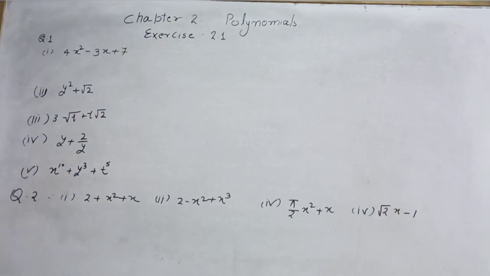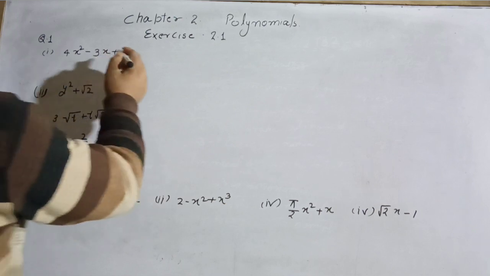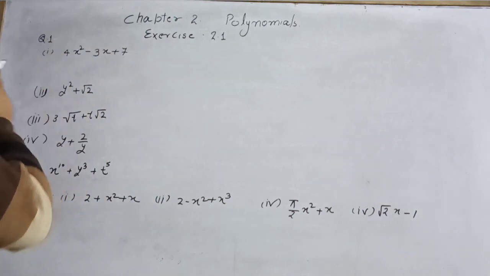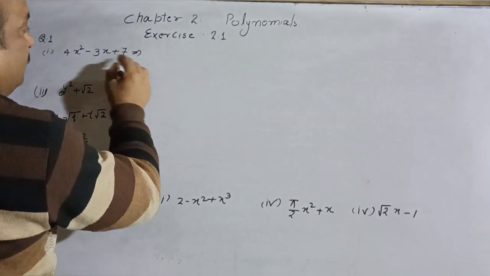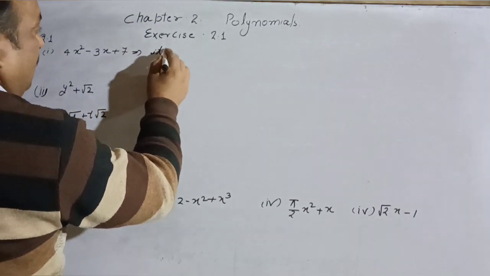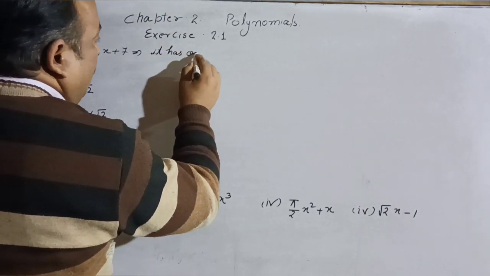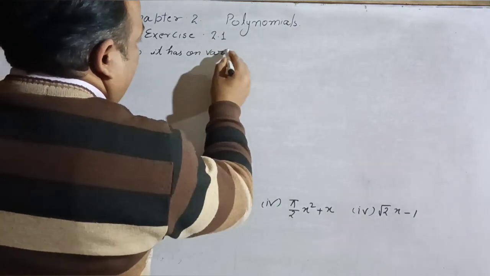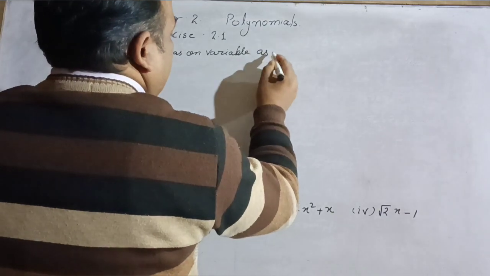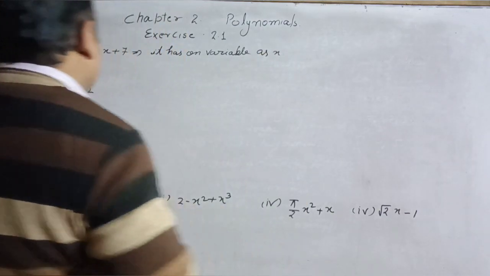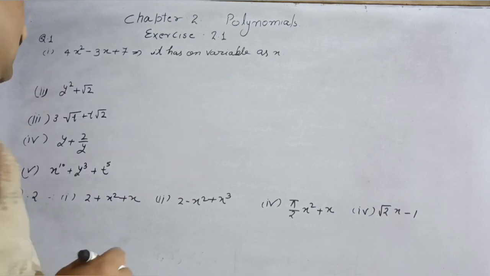This is a polynomial in one variable because it has only x as a variable.